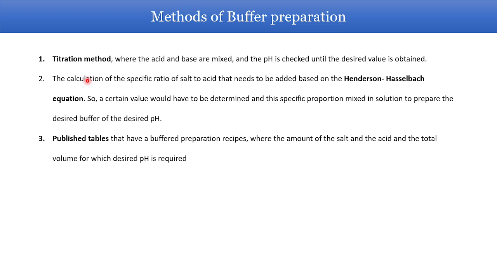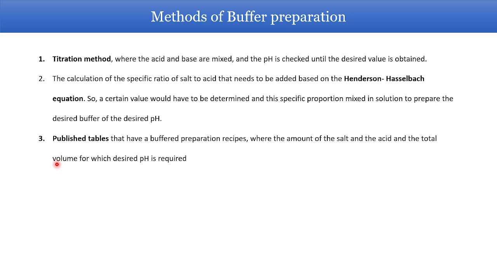And the third, which you can call a shortcut technique, is prior literature knowledge, where there are published tables, you have a pH, and you know how much of what to add. And there are so many ways, like for example, if you want to prepare a phosphate buffer, you need not do it in that manner.